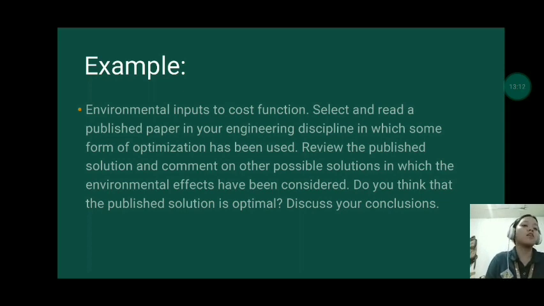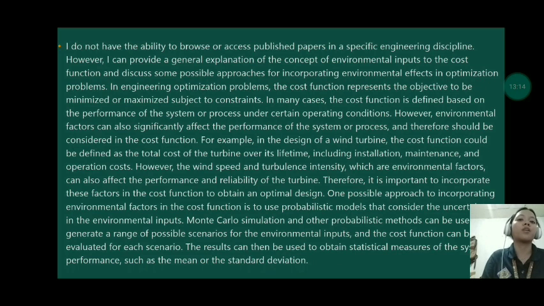Discuss your conclusion. For me, I don't have the ability to browse or access published papers in a specific engineering discipline. However, I can provide an explanation of the concept of environmental inputs to the cost function and discuss some possible approaches for incorporating environmental effects in optimization problems.